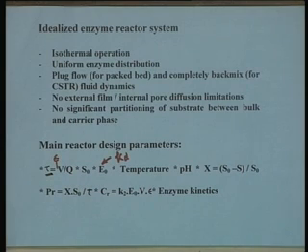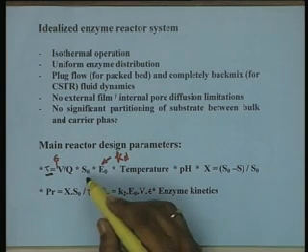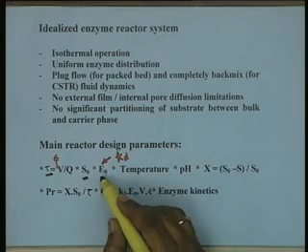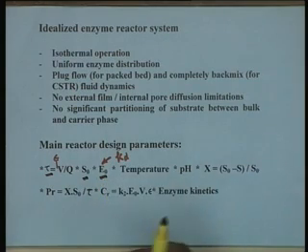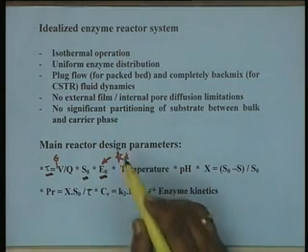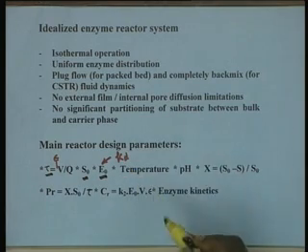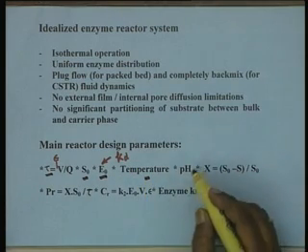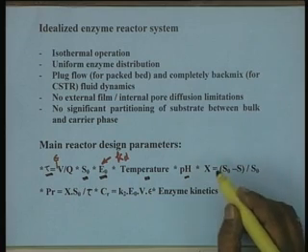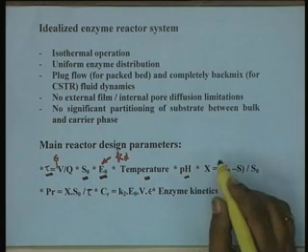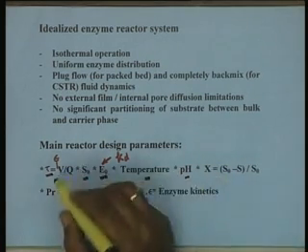tau, the space time in the reactor, initial substrate concentration, enzyme loading E0. Of course, in the case of continuous operation, the information about the deactivation rate constant Kd is also required, then the temperature of operation, pH control; these are essentially the reaction conditions.